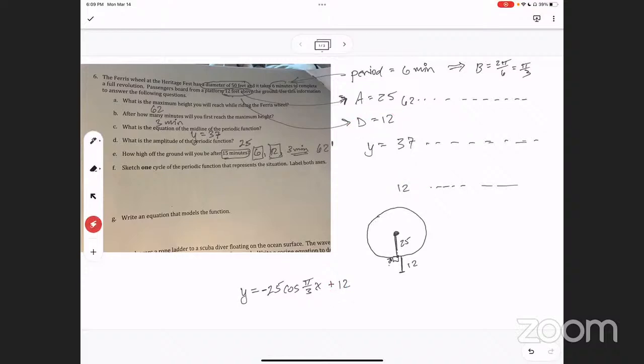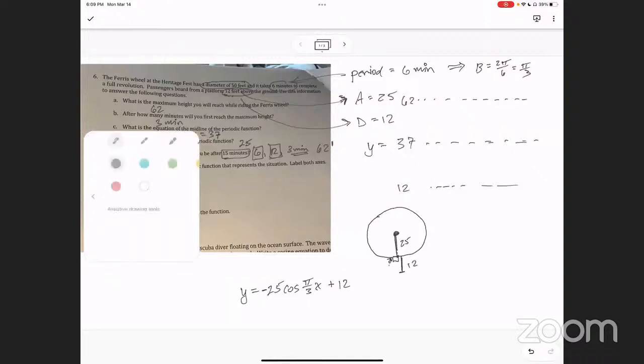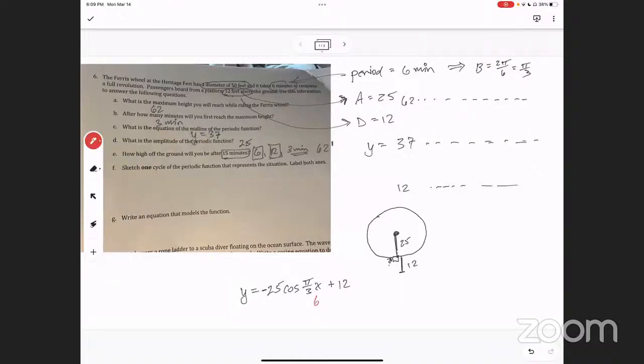So what you would have to do is plug in 4. So one way you could have done this is after 6 minutes, how high will you be? Now when you plug in 6 here, you get negative 25 times the cosine of 2 pi plus 12.